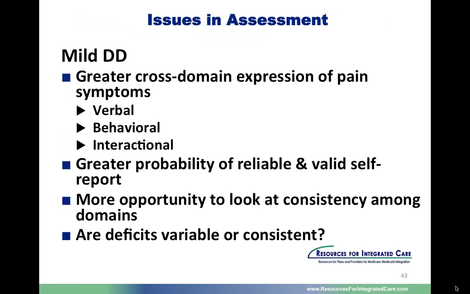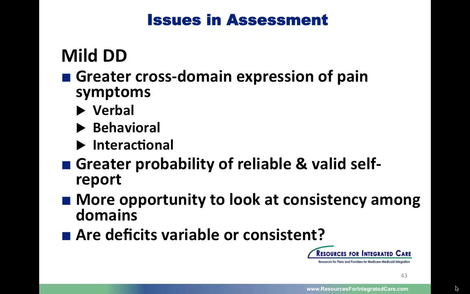So the more consistent the indications of pain are, and the more we can rely on what we're seeing in these different channels or different areas of expression, the more we can rely on indications of pain problems as actually being reliable and valid. There actually is a pain problem there.